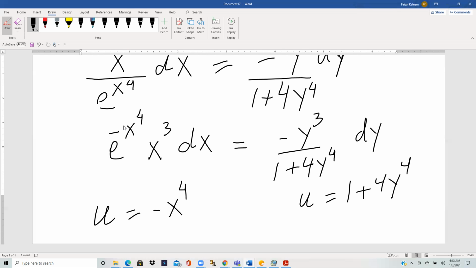The derivative is negative 4x cubed. Now we almost have that in front: we have the x cubed, but we don't have the negative 4. So if you want a negative 4 here, you have to balance it by dividing by negative 4. And so you pick up a negative 1/4. Whatever factor you multiply or divide by in order to balance the derivative, that's the factor you will pick up along with the exponential. So this integral will be negative 1 over 4 e to the negative x power 4.